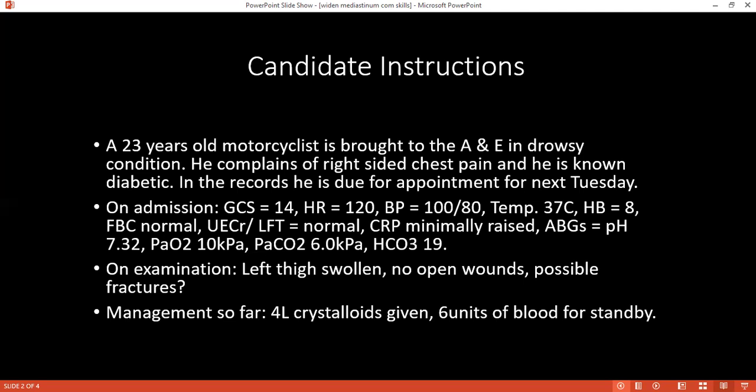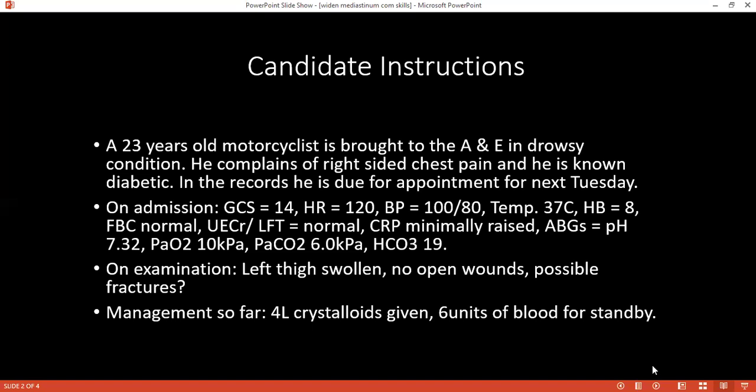So what do you do for blood pressure? So the patient was started on 4 liters of crystalloid and 6 units of blood, which is on standby. We will start blood transfusion, and we should not let the blood pressure rise more for fear of increasing the hemorrhage.